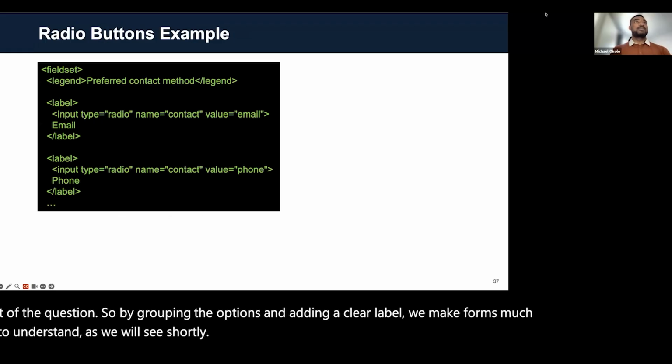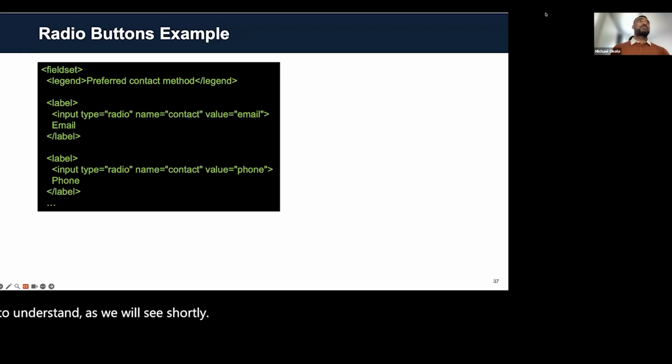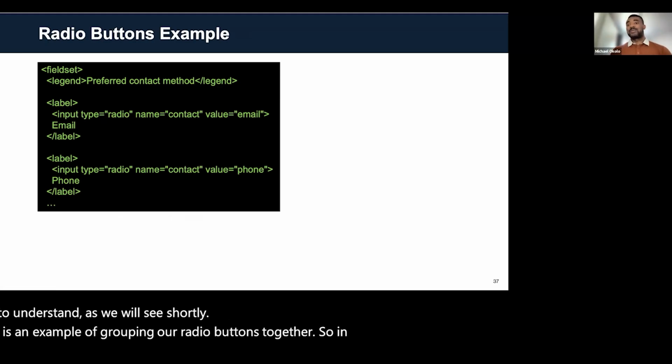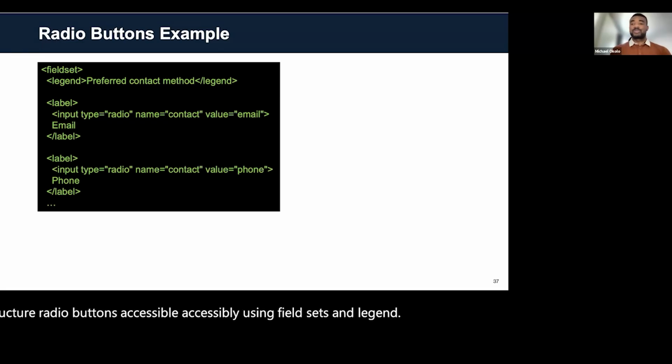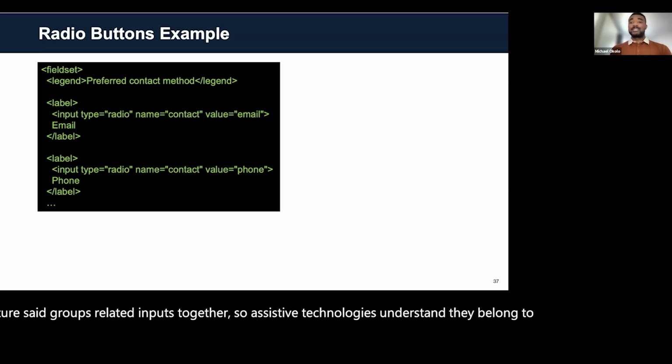So this is an example of grouping our radio buttons together. It shows how we can structure radio buttons accessibly using fieldset and legend. The fieldset groups related inputs together, so assistive technologies understand they belong to the same question, and the legend acts like a question label in this case.